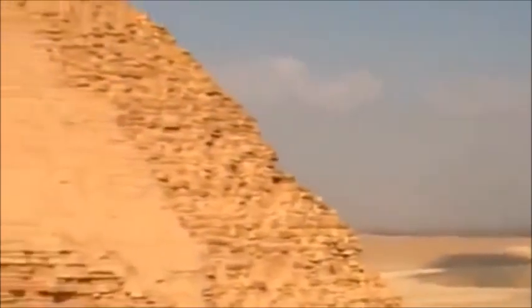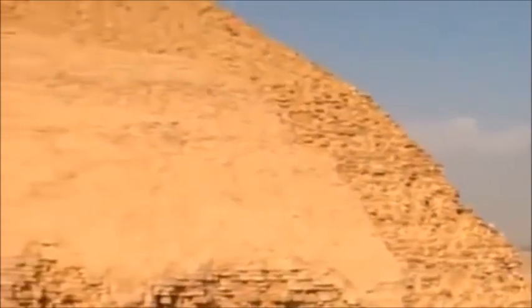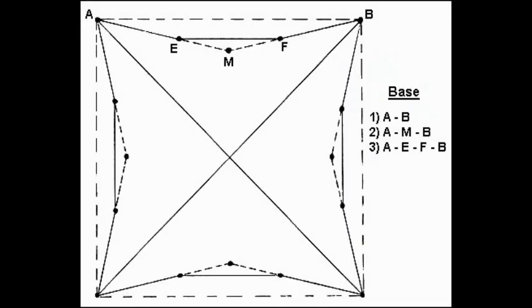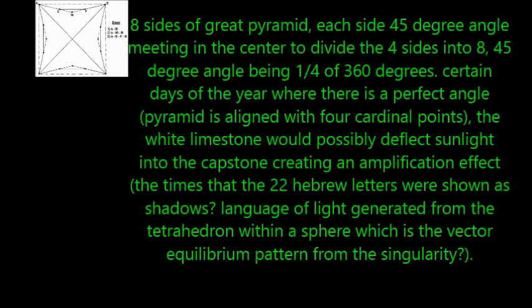The Bent Pyramid has two chambers for two different sounds. Each chamber in each pyramid could be exemplifying sound technology with distinct tones, creating huge fields of harmonic resonance. What's interesting is the Great Pyramid really has eight sides to it, and this is an explanation right here.